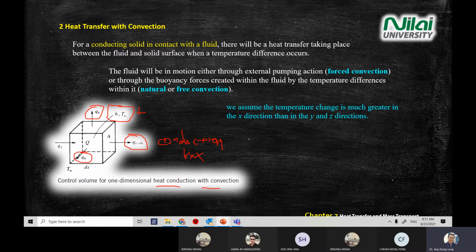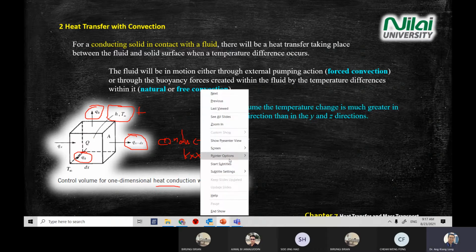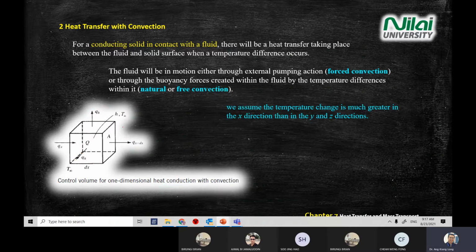If you need to solve conduction with convection, then you need to add an H parameter inside your free body diagram. So these are the key areas that you need to focus on. If the question asks you to solve something with convection, especially conduction with convection, it means you need to consider H inside your calculation.